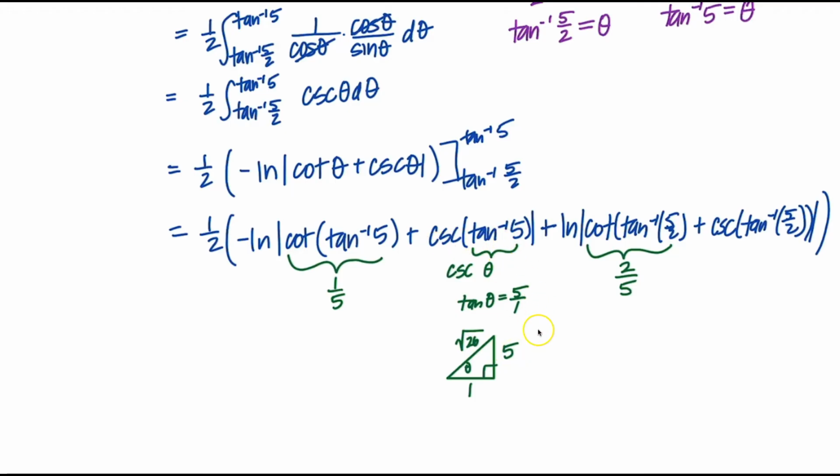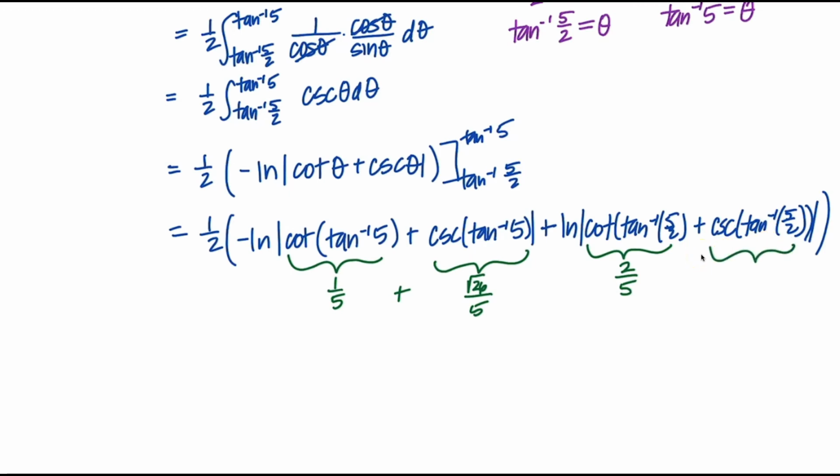So this entire expression, I'm going to erase my scratch work here. This entire expression is the square root of 26 over 5. And remember that these are added together inside these absolute value bars. And then in a very similar way, I can find that cosecant of tan inverse of 5 over 2, setting up another triangle, would give us, I'm going to skip a little bit of work here, the square root of 29 over 5.